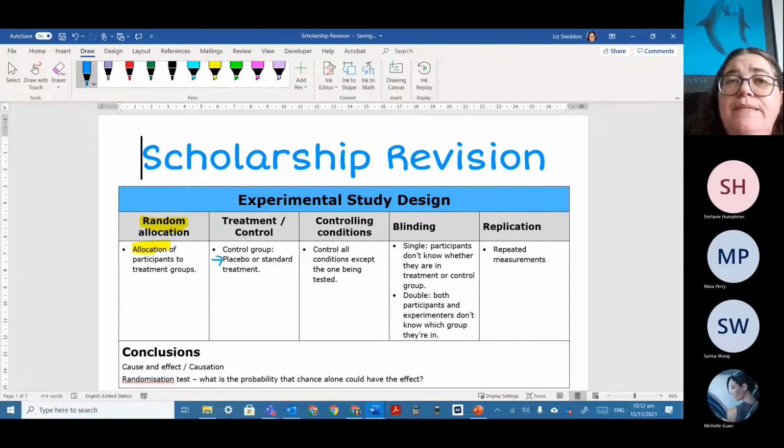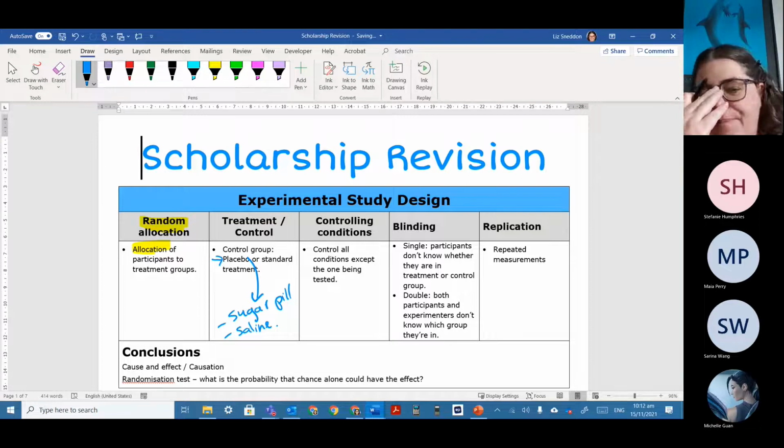Do you girls know what I mean by placebo? Yes. So the placebo would be the sugar pill, if it was in pill form, or a saline vaccine if it was a vaccine. So it's something completely neutral that isn't actually having an effect. It can be that, or it could be a standard treatment.